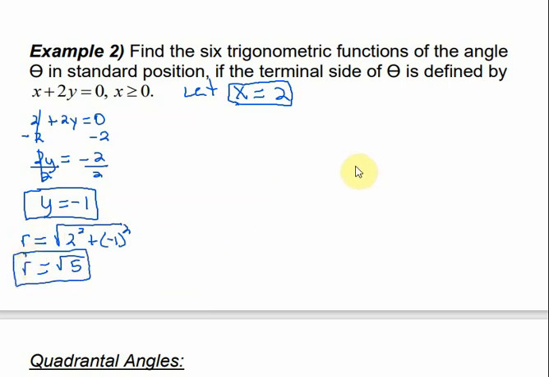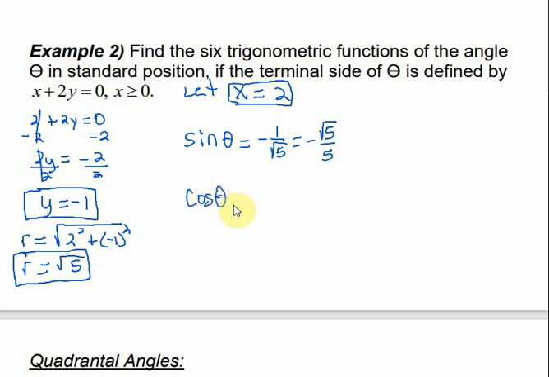All right, so now I'm going to find the 6 trig functions. So sine is y over r, so that would be a negative 1 over the square root of 5, which we have to rationalize. If I multiply both by the square root of 5, I get a negative square root 5 over 5.